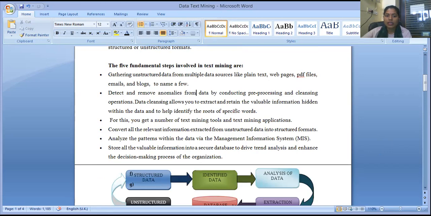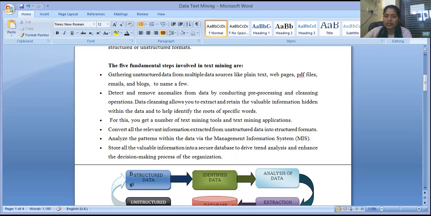So you are getting multiple data from different resources: from web pages, from mail files, PDF files, blogs, and many more sources, isn't it? Then it might be possible there is some irrelevant data in that.